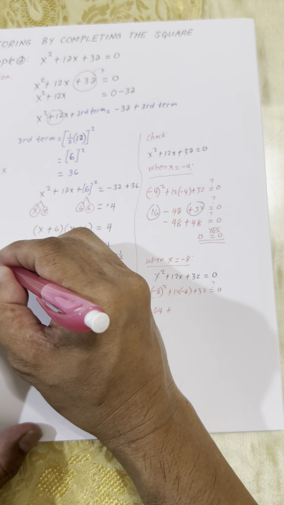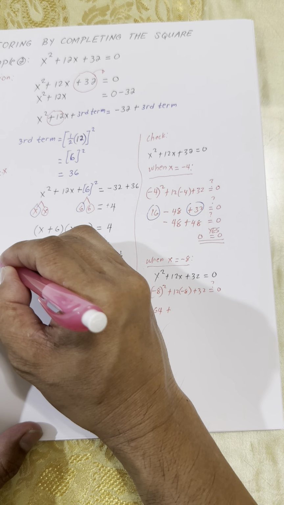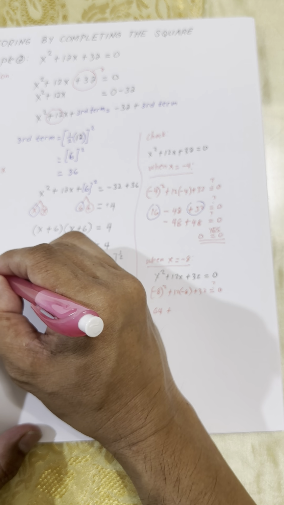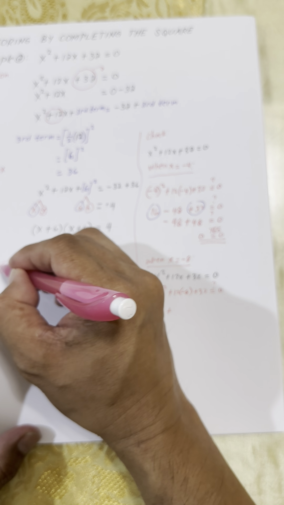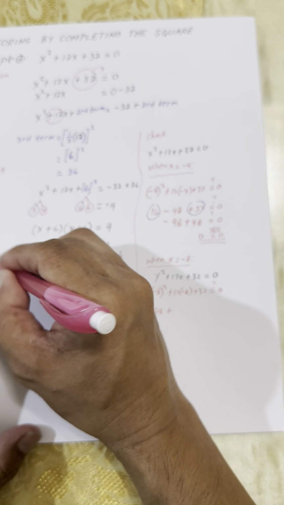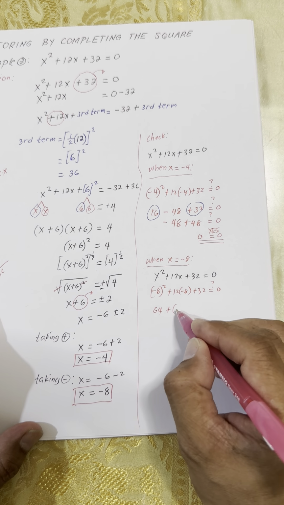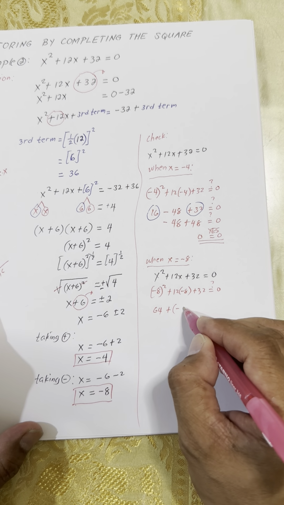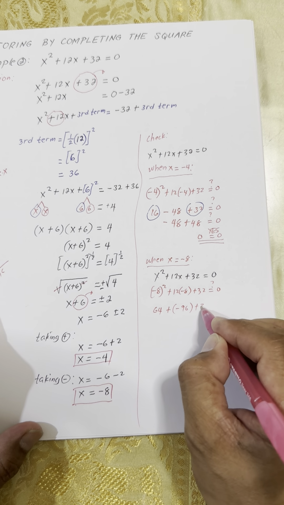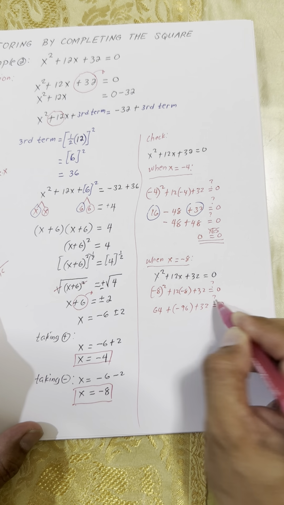Positive 12 times minus 8. So multiply: 2 times 8 is 16, carry 1, 8 times 1 plus 1, so that is 96. This is negative, so negative 96 plus 32, is it equal to 0?